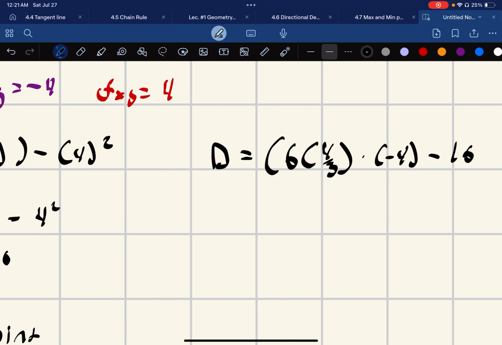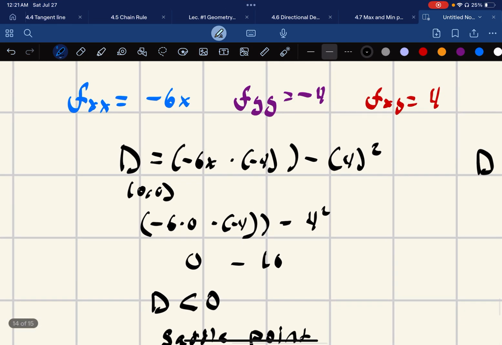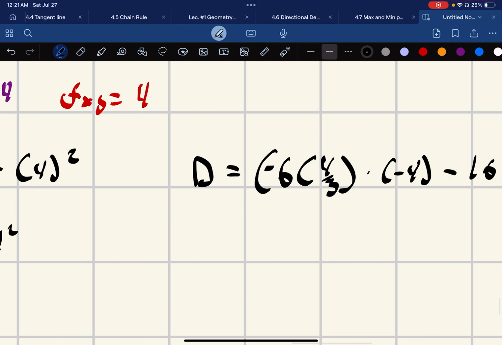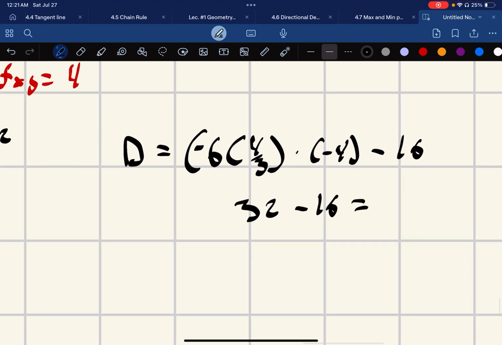We get 32 minus 16. Oh, we forgot this. Negative 6 times 4/3 times negative 4, which is 32, and minus 16, right? So that equals 16. So our discriminant is greater than 0, right?